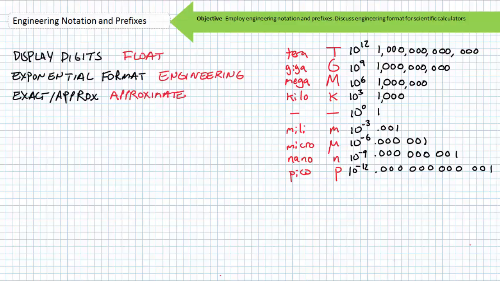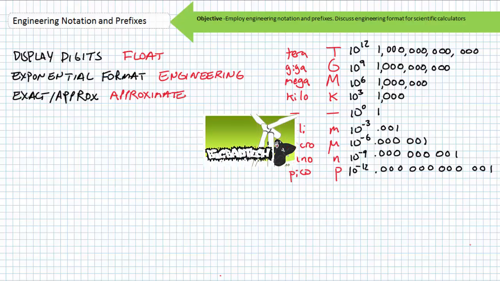Now let's apply our knowledge of engineering notation and prefixes to scientific calculators employing engineering exponential format. Recall during the DC Math lecture, available at the Big Bad Tech channel, I not only performed a review of the order of operations, negative and fractional exponents, algebraic manipulation and rounding, I also performed an orientation to the scientific calculator, in this case the Texas Instruments TI-89 Titanium Edition.